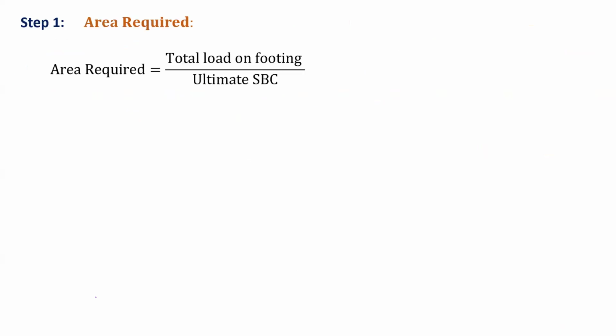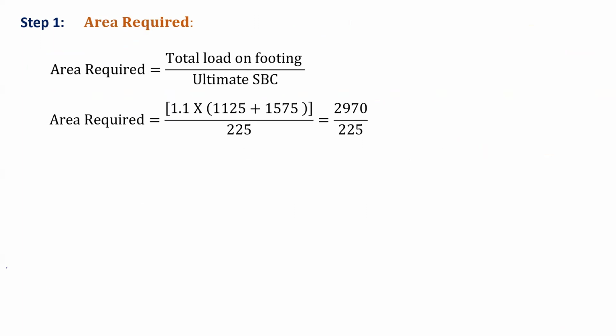Then the step for area required. We have the total load on footing upon ultimate SBC. This is the ultimate column load of A, this is the ultimate column load of B, and 1.1 because we have considered the self weight of footing equal to 10% of the column load.